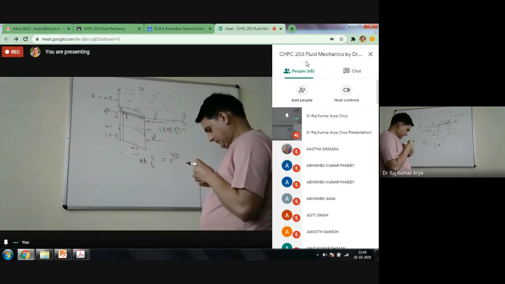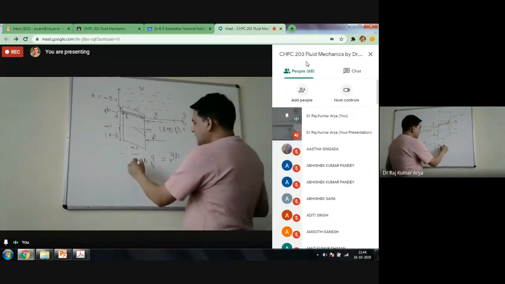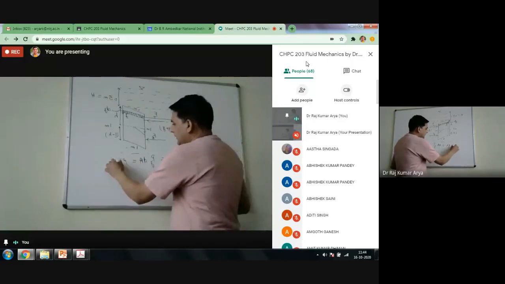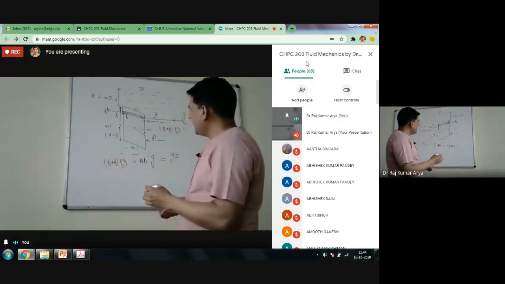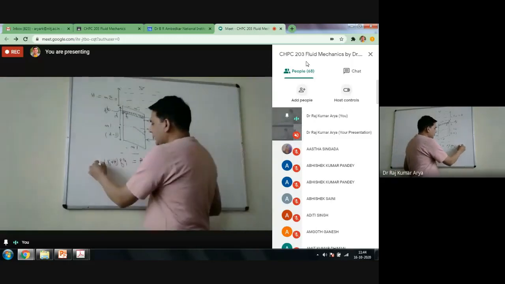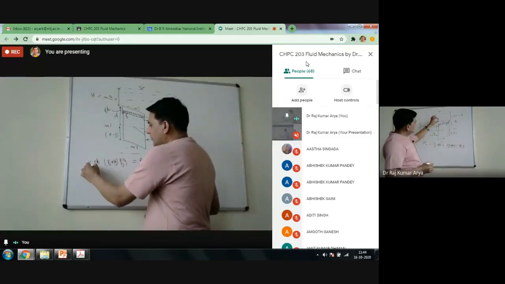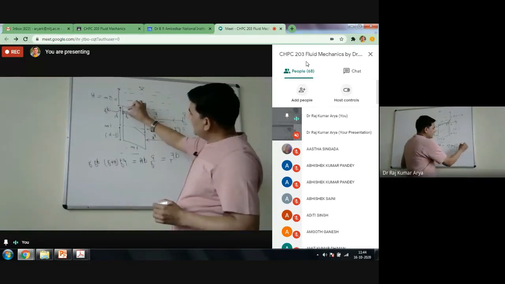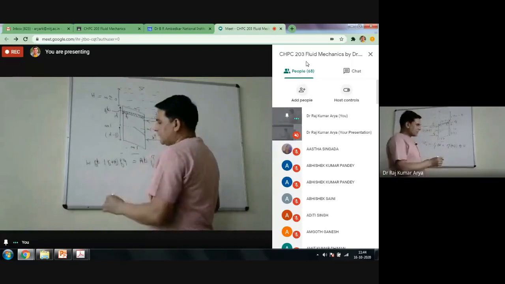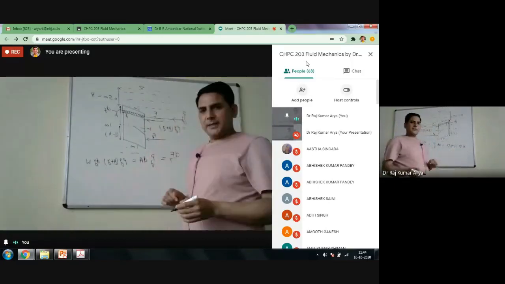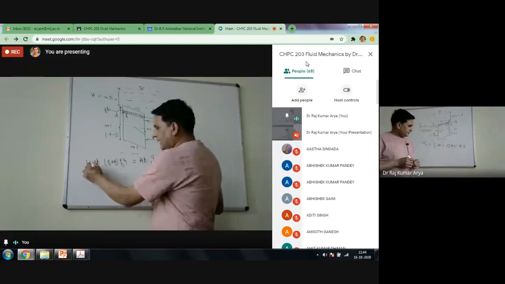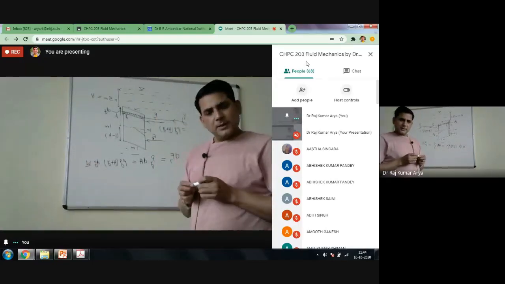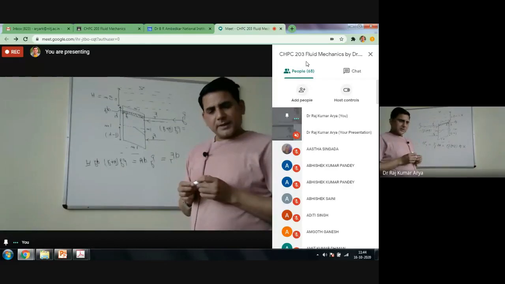You know the expression for Py is rho g (h plus y). Your dA is nothing but dy into y, because you have your dy and your width. Width is 1 meter actually, so in place of W you can just put 1 meter. Okay.